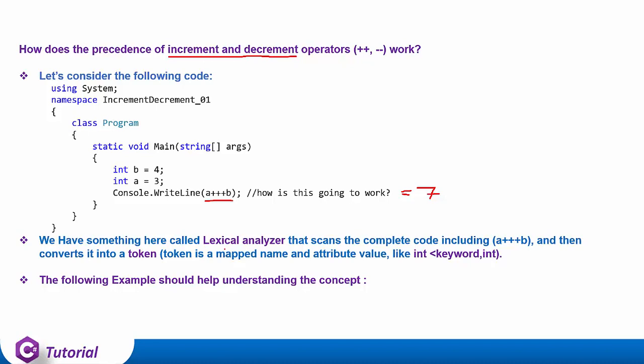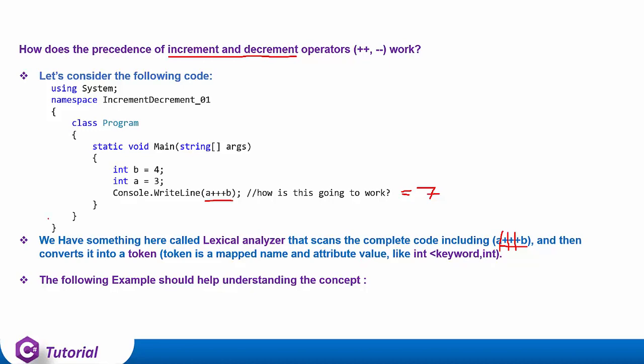It is a lexical analyzer that scans the complete code, including this code, and then converts it into tokens, which means it converts it into parts. The token is a mapped name and attribute value.